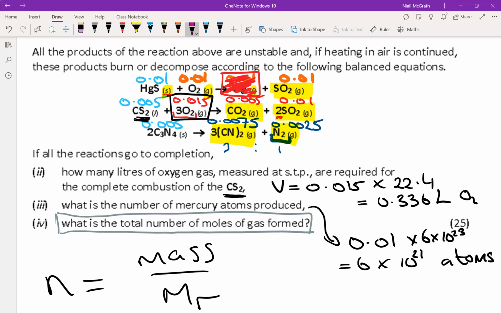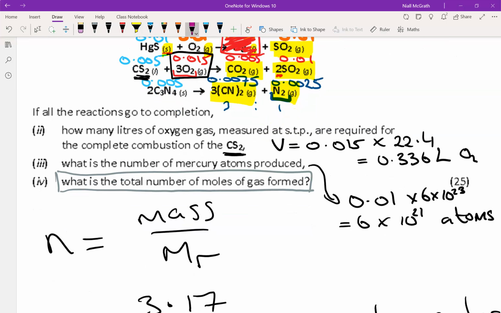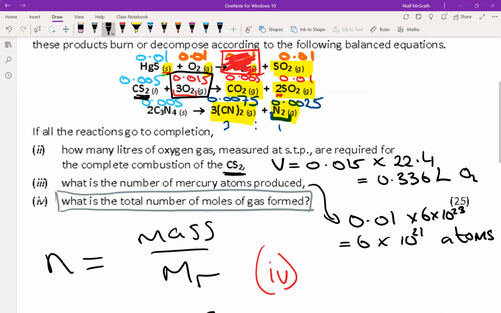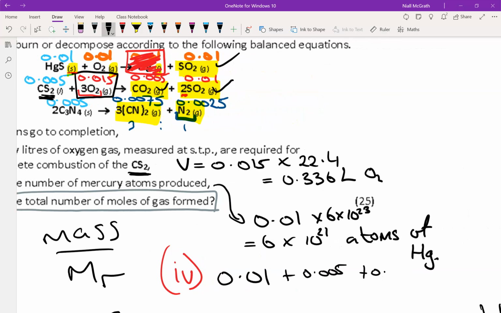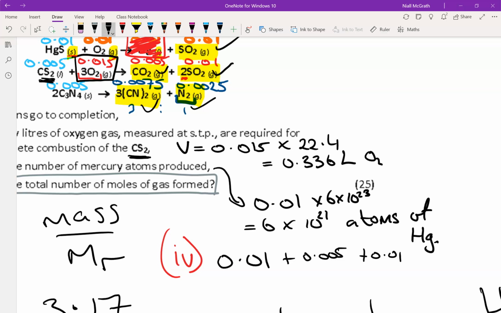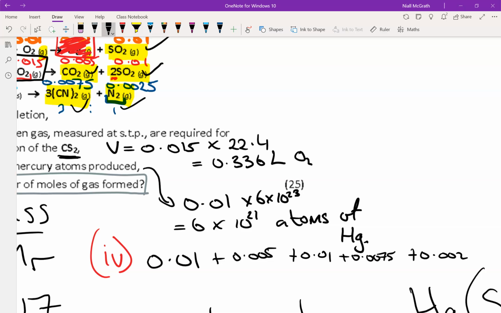So it is going to be 0.01 plus 0.05 and 0.01 plus 0.0075 and 0.0025, and that adds up to be 0.035 moles of gas.